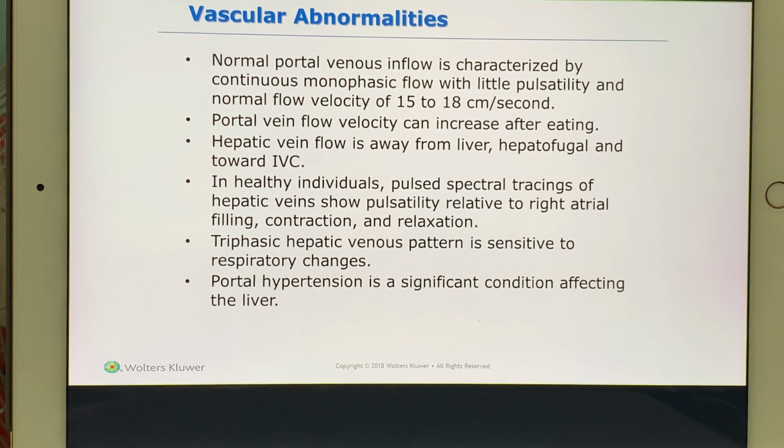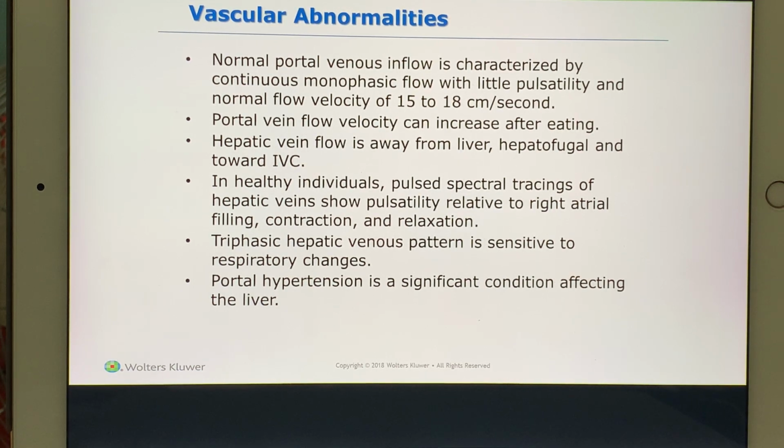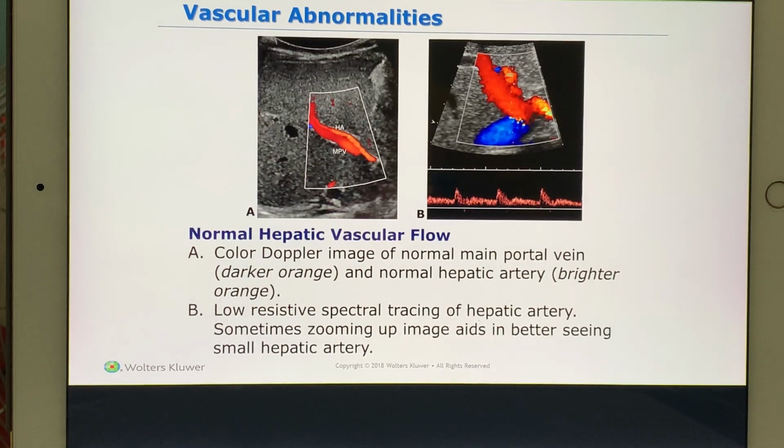You have to have varices before you can get collaterals. Does everybody understand that? You're going to see varices before you see collaterals. Collaterals are just another pathway for the blood to leave an organ and enter into another organ.